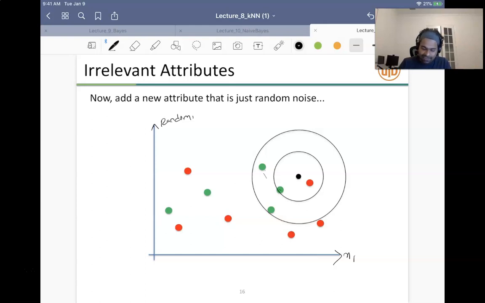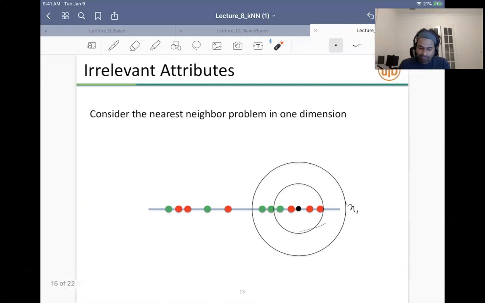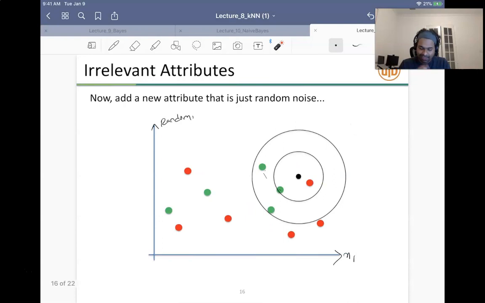But because I have this random attribute over here, say I have a test point over here. This test point is closer to this red point, but it could be possible that the test point can actually get misclassified because of this random attribute.